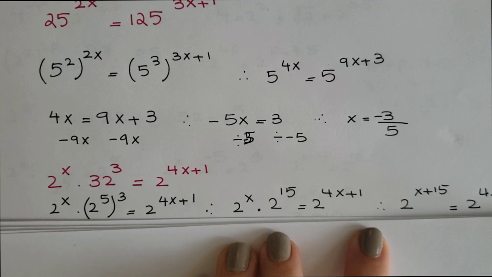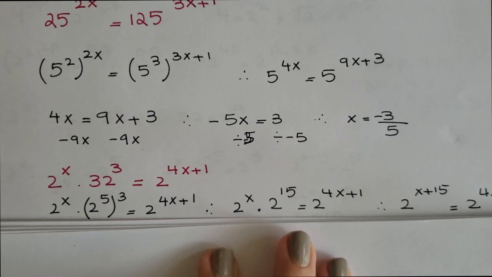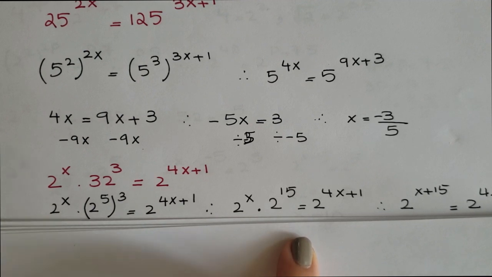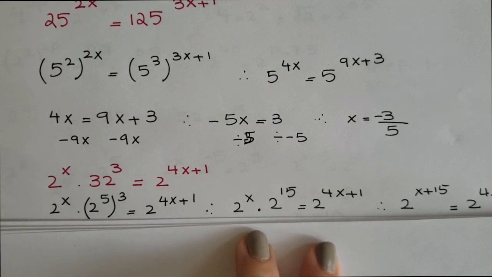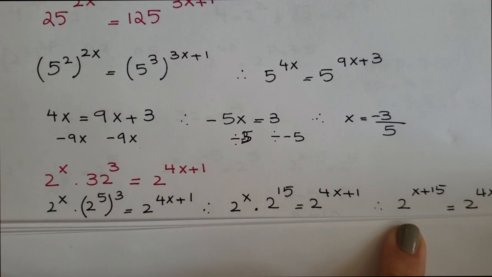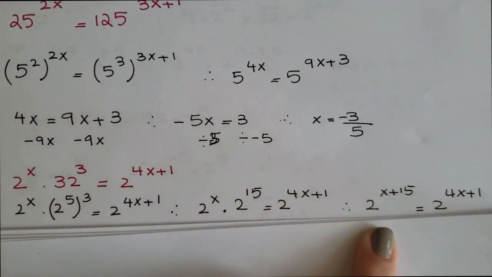Well, it actually could be linear or quadratic or even higher order, but for this video we will focus only on linear equations. So here, after substituting the 32 with 2 to the power 5, and after simplification, on one side I would have 2 to the power x plus 15, okay, and on the other side I would have 2 to the power 4x plus 1.